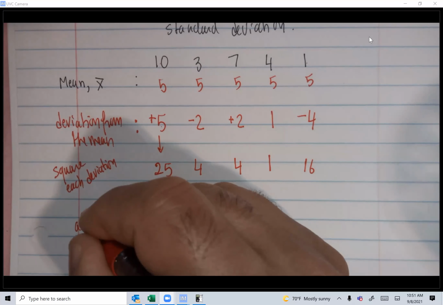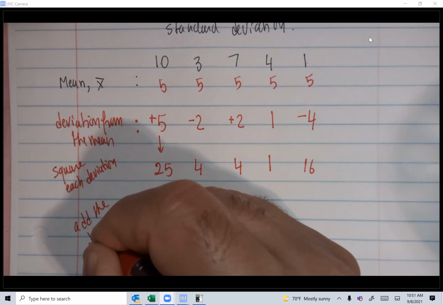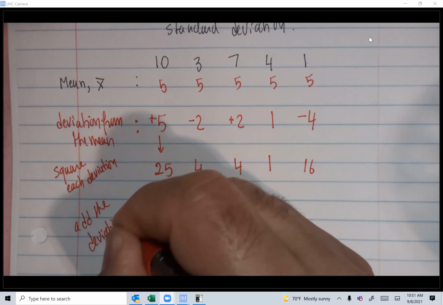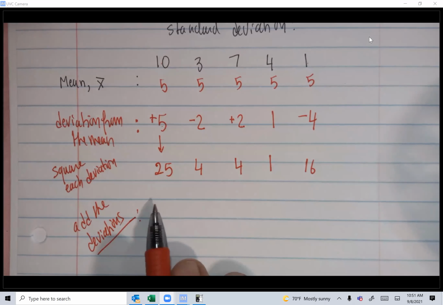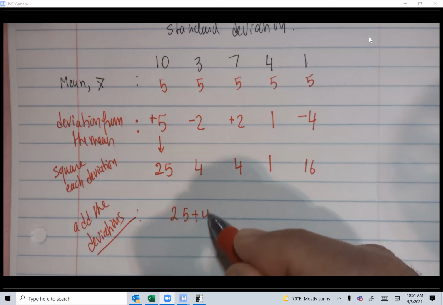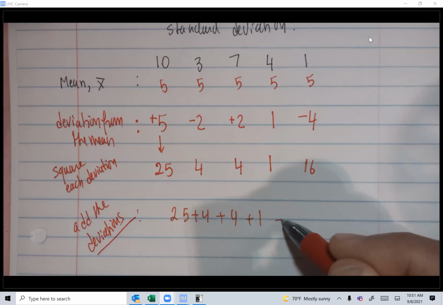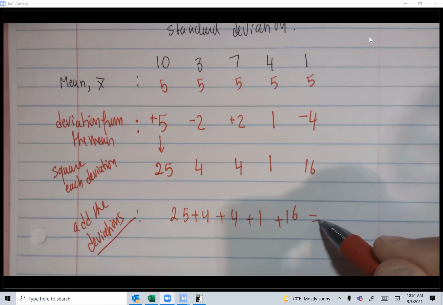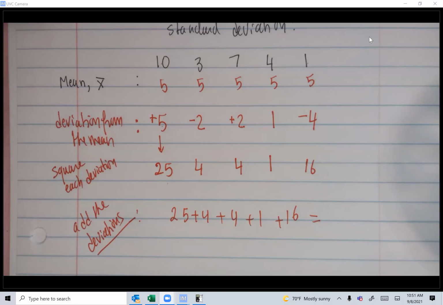Add the deviations. If we add them, we get 25 plus 4 plus 4 plus 1 plus 16. Which is what, guys? 29, 33, 34, 44, 50.